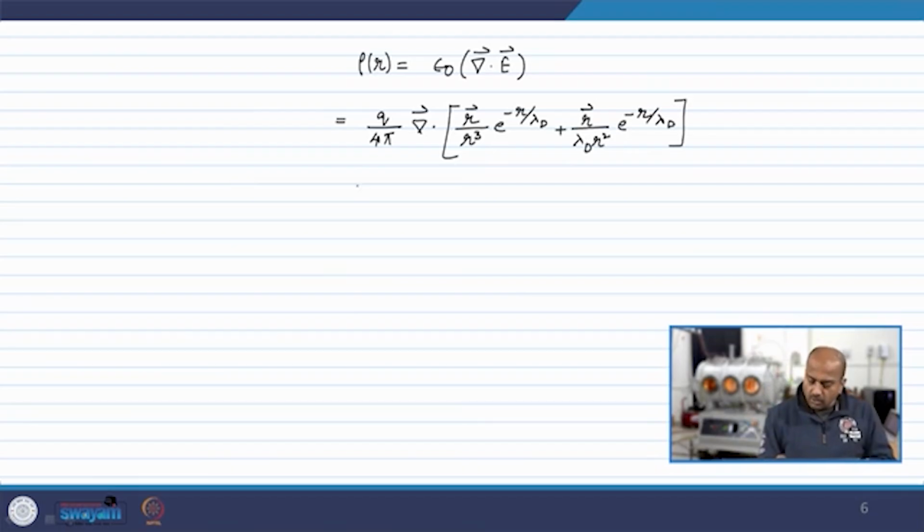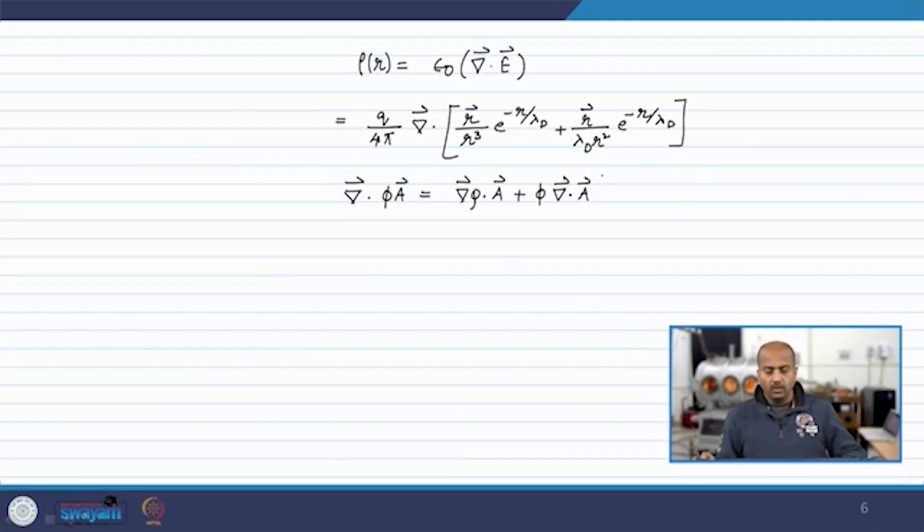Okay. So, we will use a standard vector identity which is del dot phi A. If we have a situation where we have to calculate the divergence of a vector being multiplied by a scalar function, then the formula is del phi dot A plus phi times del dot A. Okay.